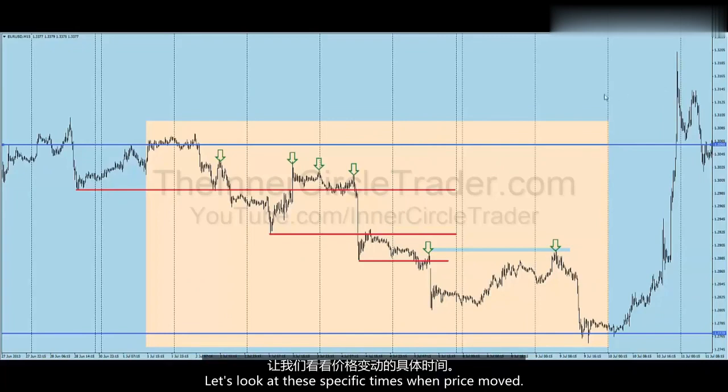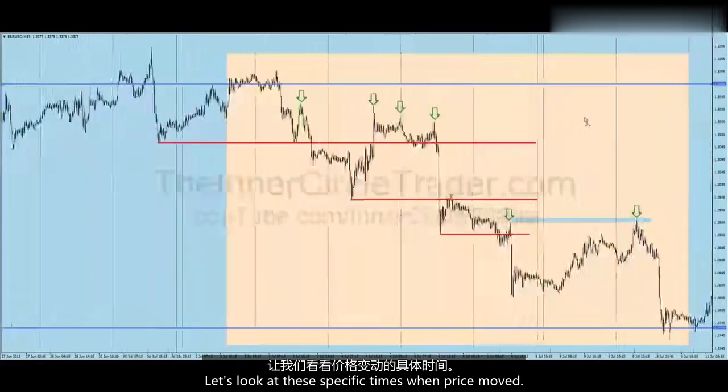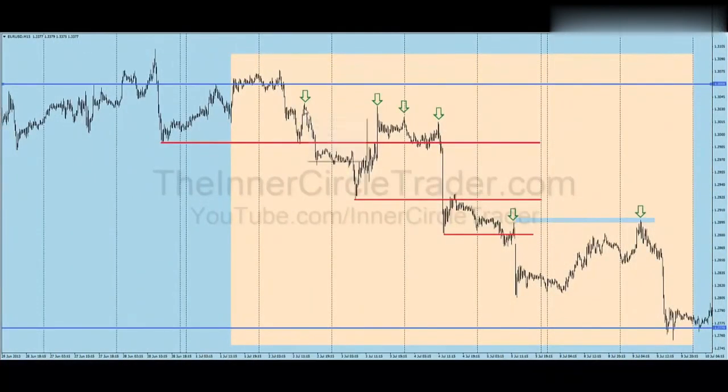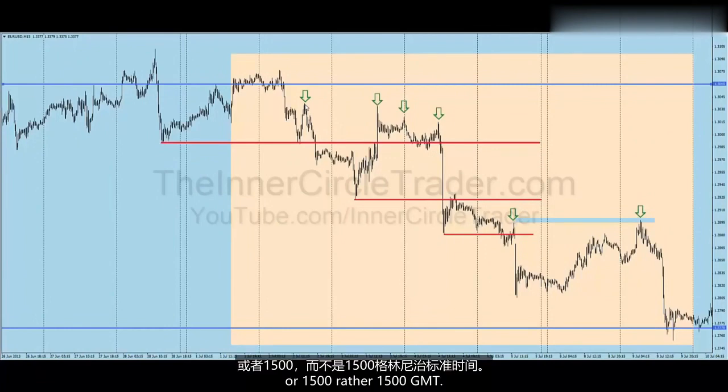Let's look at these specific times when price moved. This high here takes place at 1500 GMT. This high here takes place at 1500 GMT.